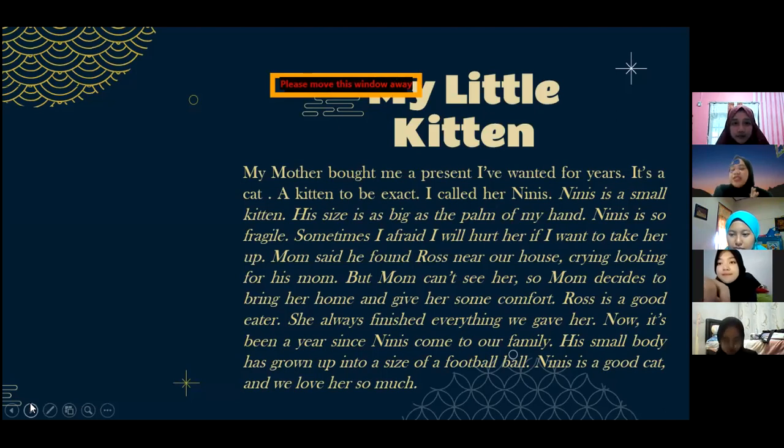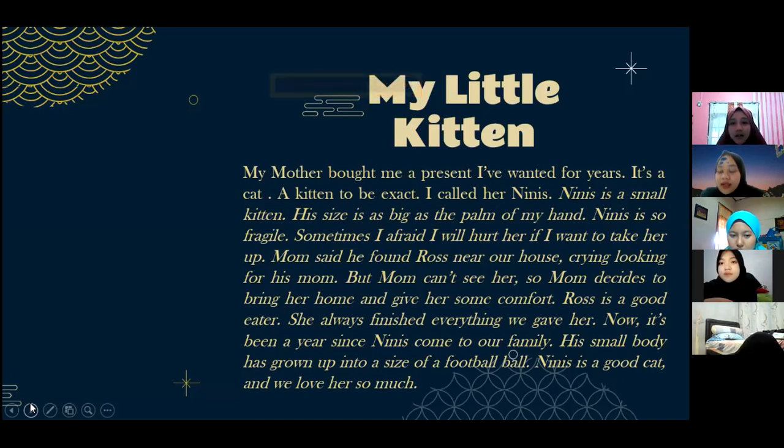Well, why can you say this text is a descriptive text? Just now I asked you about the information that you get from this text. The information tells that the little kitten has a big size and is nice. Okay, it tells about the size.